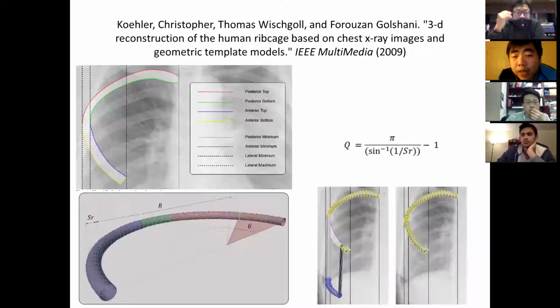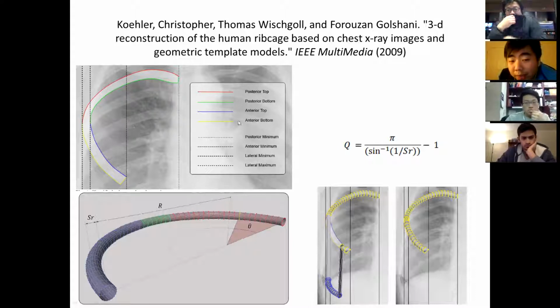Okay. And then for the rib cage, I think I will follow the paper from 2009 from IEEE. They use a helical torus, which is just like a tube. They basically try to use a very simple model, like a bending tube, built from the 2D image.